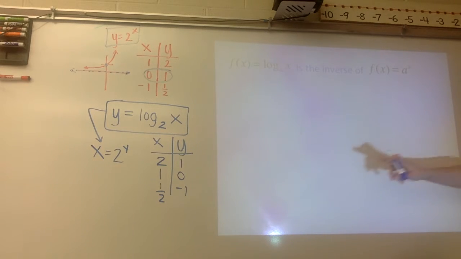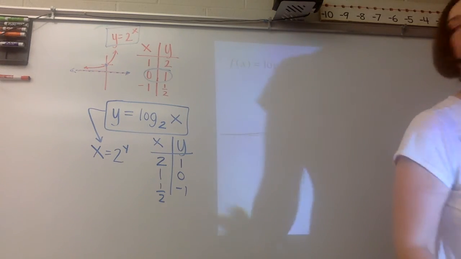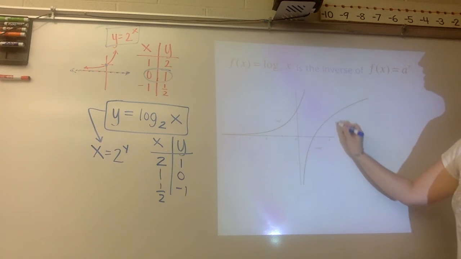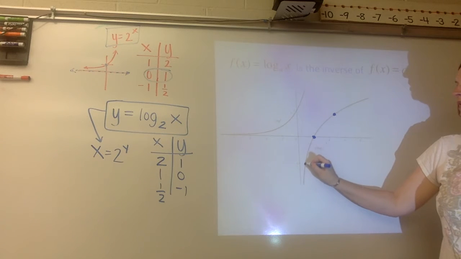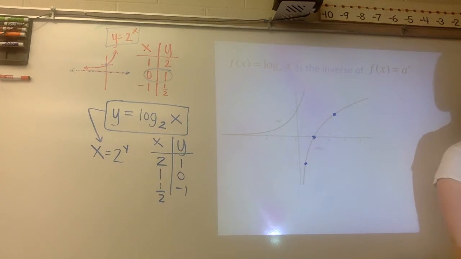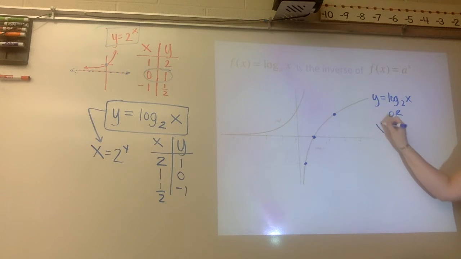Well, if I take this and I now graph it, take a look. 2, 1 is going to be right here. 0, 1 is here. 1/2, -1 is here. This is the graph of y is equal to log base 2 of x, or x is equal to 2 to the y. Same thing.